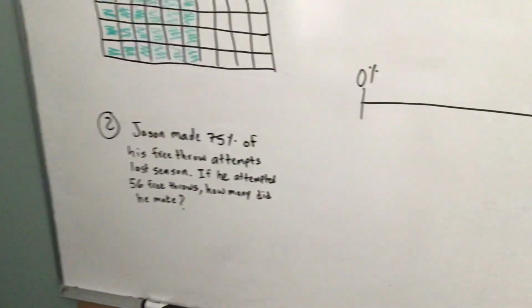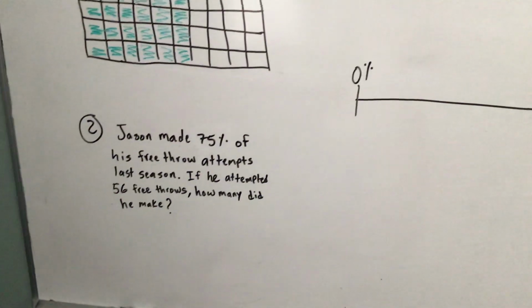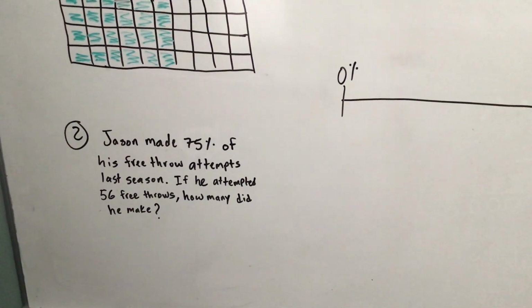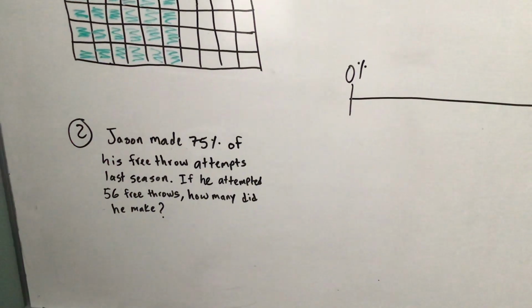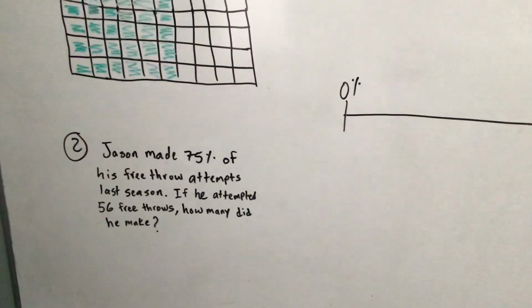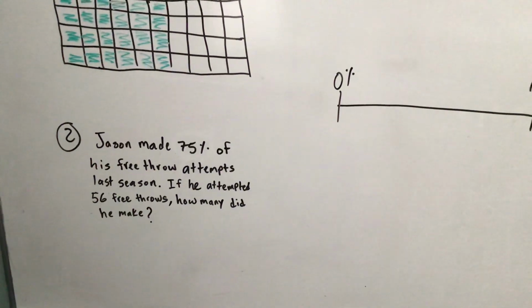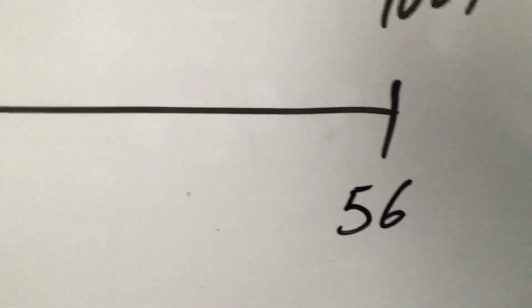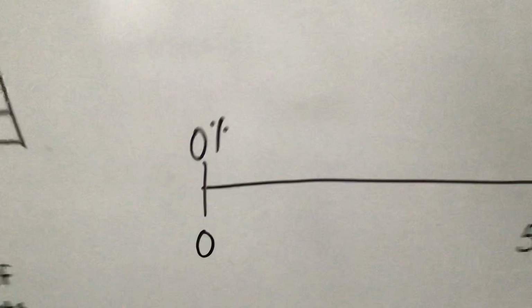So they're telling you that Jason made 75% of his free throw attempts last season. If he attempted 56 free throws, so he attempted 56, that's all the free throws he took. So 56, it's the whole thing. 56 free throws, and 0 free throws equals 0%.